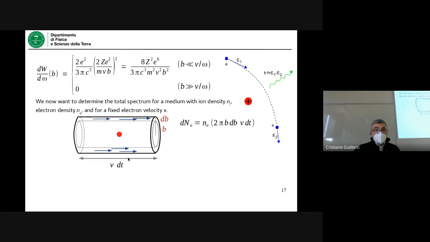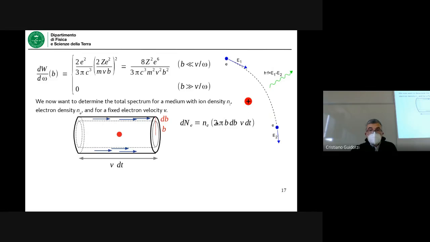Well, the height of this cylinder, if you consider a time interval dt, is just v dt, just like that. So every dt, there is a number of electrons within the volume given by the area of this region here. The area of the base of this volume is just 2 pi b dB, times the height of this volume, which is v dt.